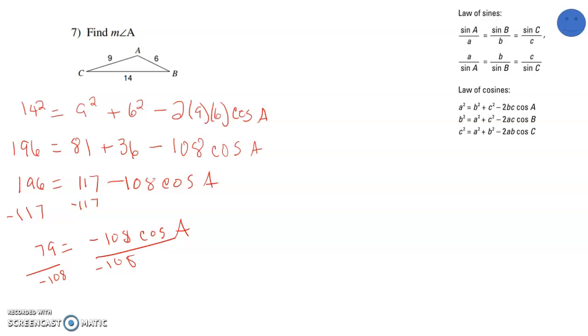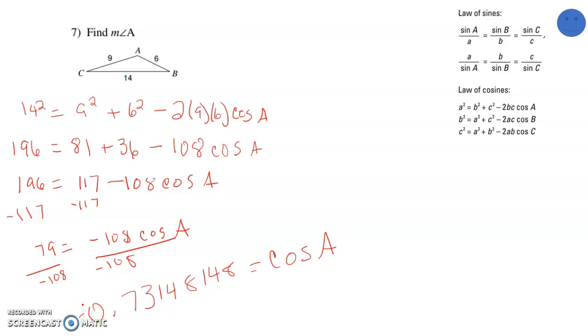So 79 divided by negative 108 gives me negative 0.7314848 equals the cosine of A. Oh, that's a negative right there.